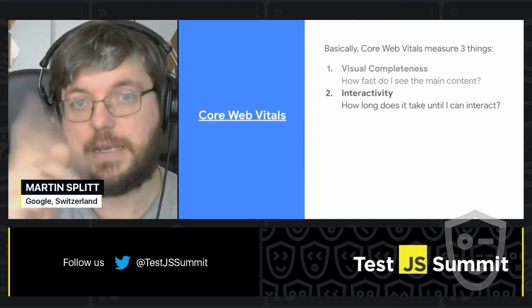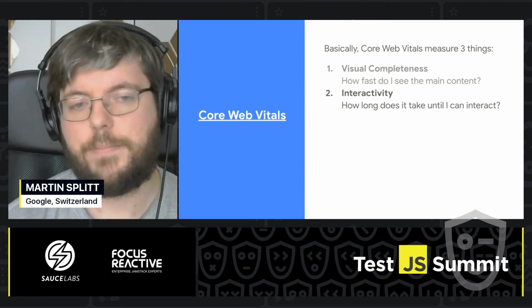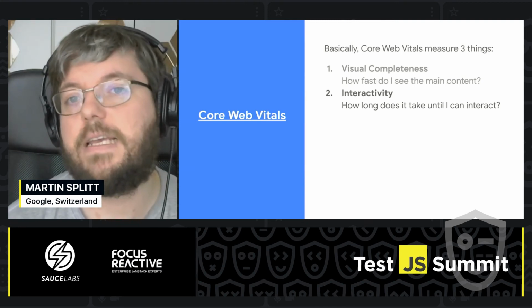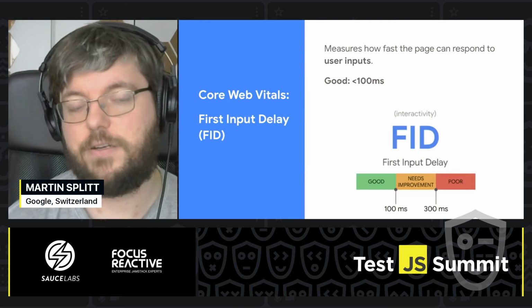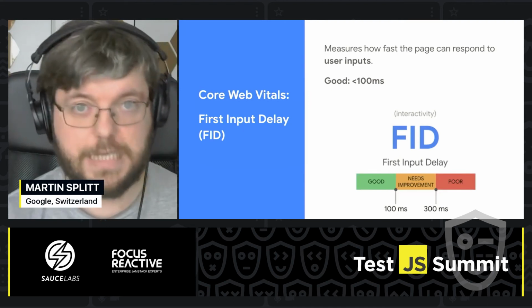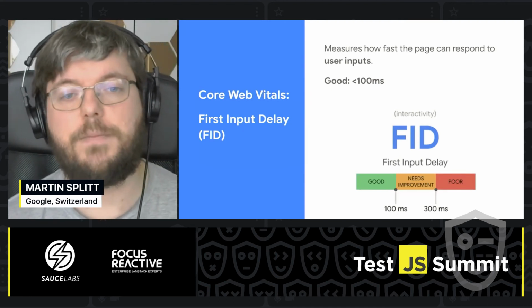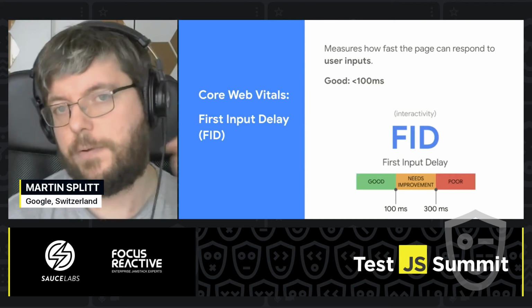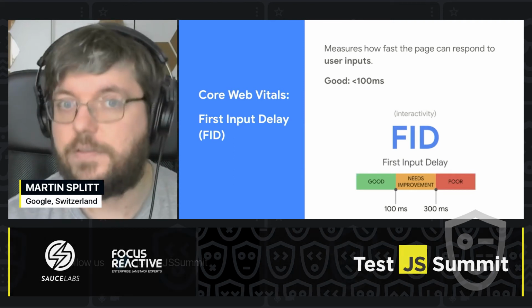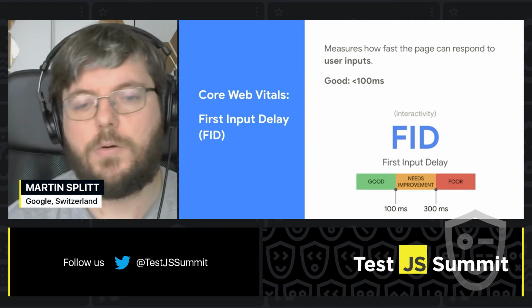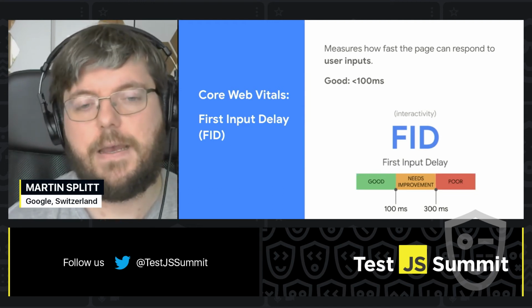The second metric, as I hinted at with the pizza shop example, is how long does it take until I can actually interact with the web application. We measure that in the first input delay. You want to make sure that the page responds to user inputs. You can accomplish that by using less JavaScript or shifting it off the main thread or delaying it otherwise.